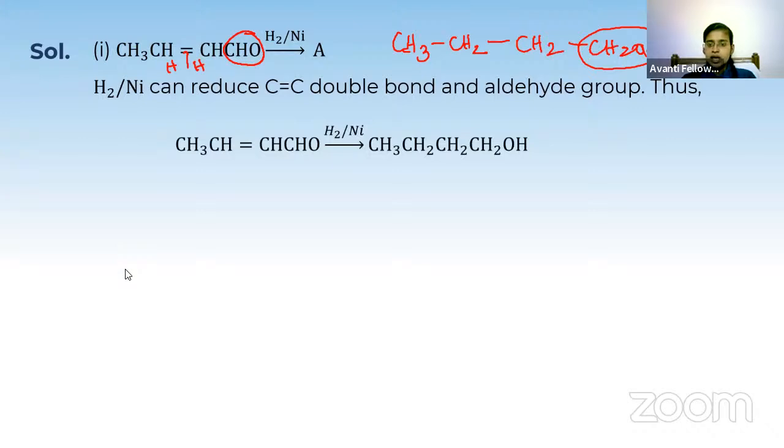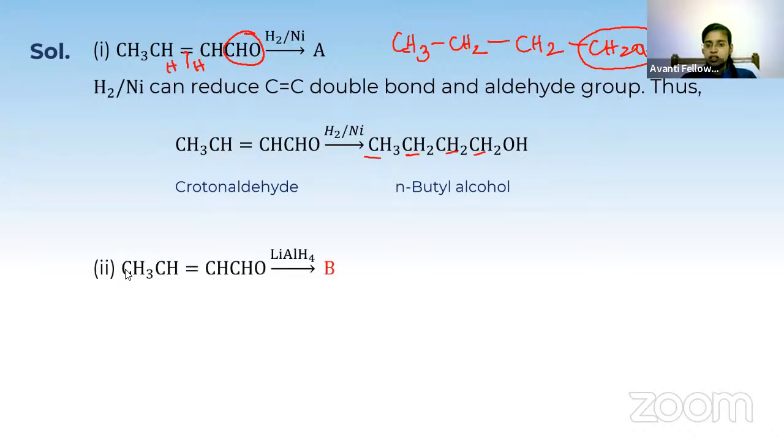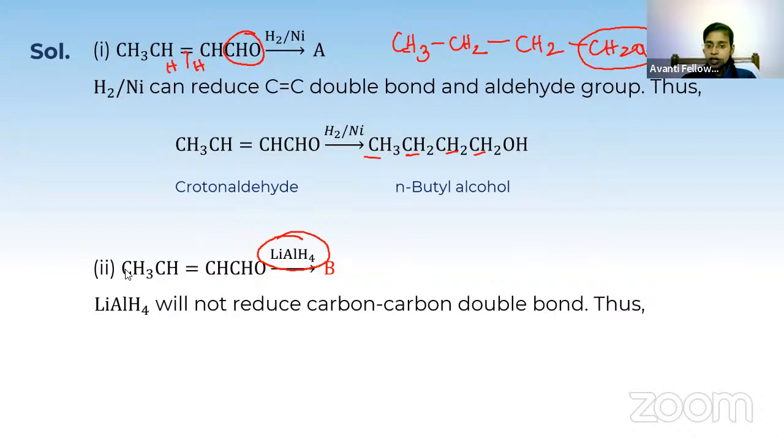It is butyl. We have 4 carbons, right? So it is n-butyl alcohol. And the reactant is called crotonaldehyde. Okay. But if you use lithium aluminum hydride, we have studied just now that lithium aluminum hydride will not reduce the carbon-carbon double bond.